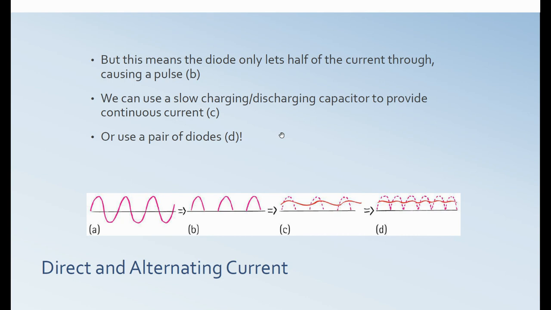We can use a capacitor that charges and discharges to produce a nice steady current, as we see in C, or we can use a pair of diodes: one diode allows the current to go one way, the other diode reverses polarity and allows it to go the other way, and that smooths out the alternating current until we have a nice steady current coming to our battery.